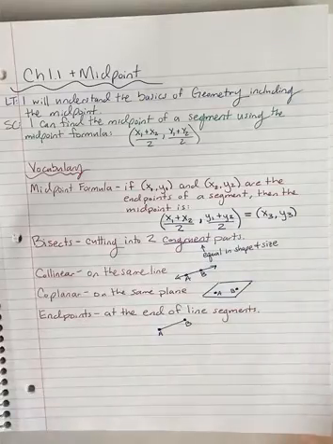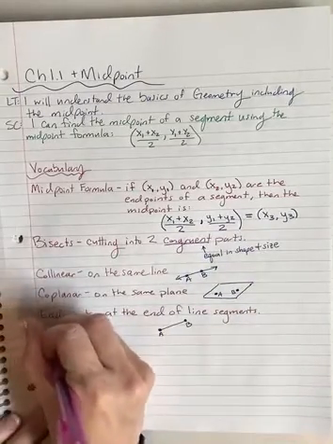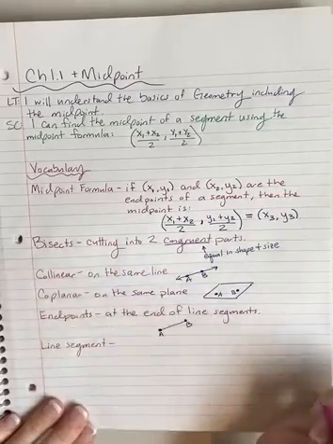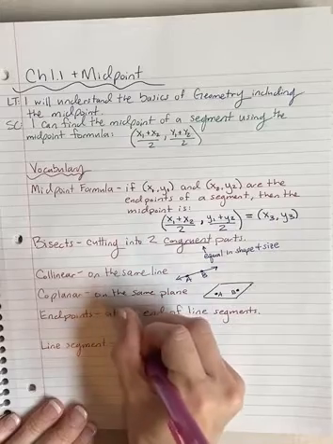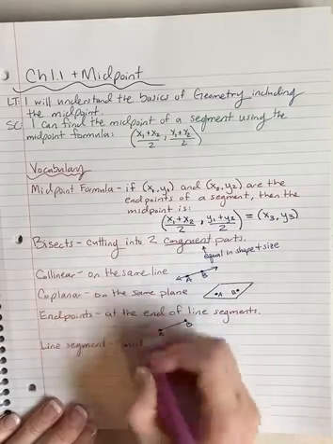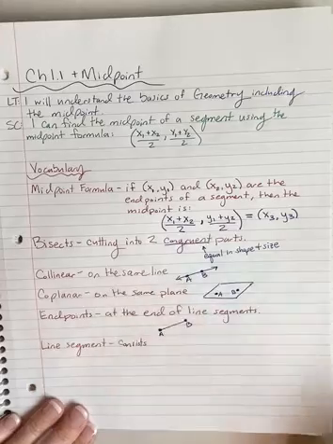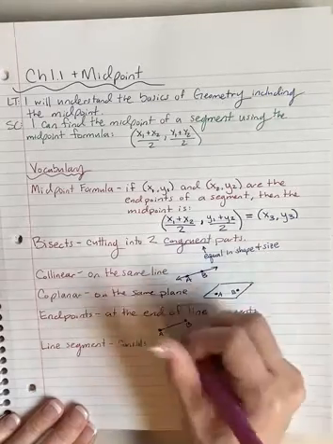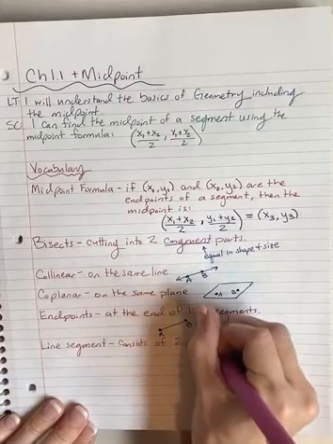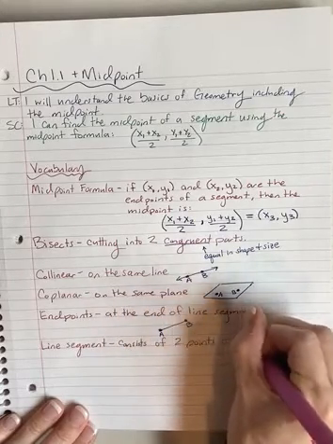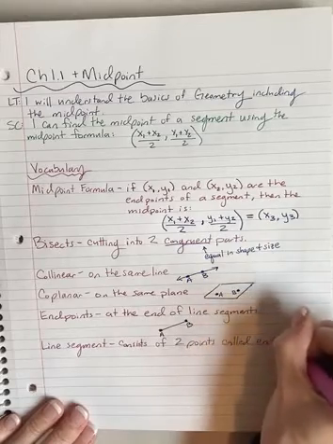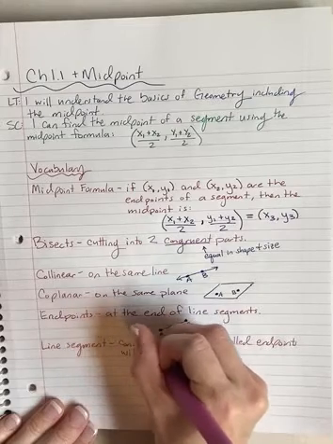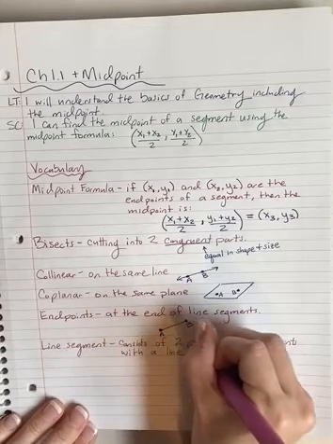All right, so the next word we have is line segment. And a line segment consists, sorry, I was checking my spelling, of 2 points called endpoints with a line connecting them.